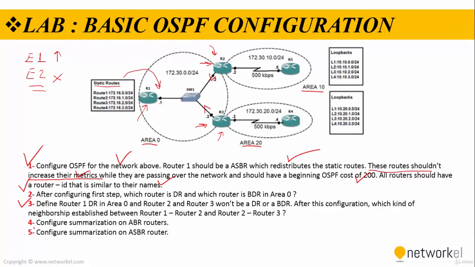Alright, the first step. Configure summarization on ABR routers. On router 2 and router 3, I'm gonna configure a summarization which summarizes the loopback IP addresses while I'm sending to router 1.